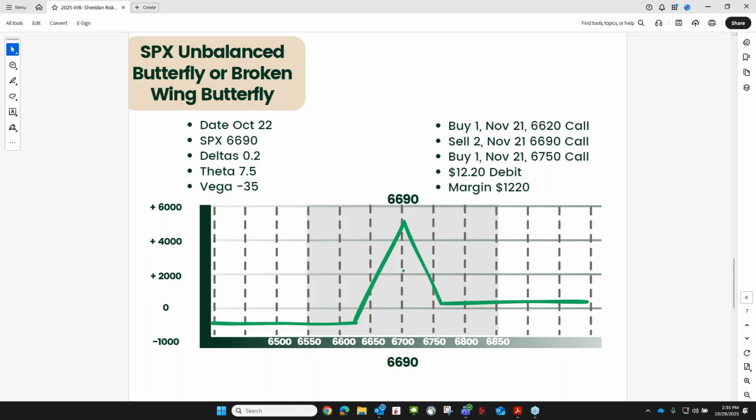The butterfly is benefiting more on daily theta. Why is it more daily theta? Because you're selling the at the money options, which is the juiciest part of an option with the most extrinsic value. So I hope that long-winded story gave a little bit of help in explaining the differences.